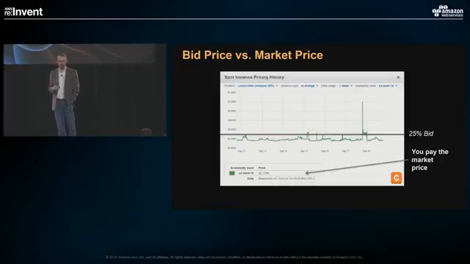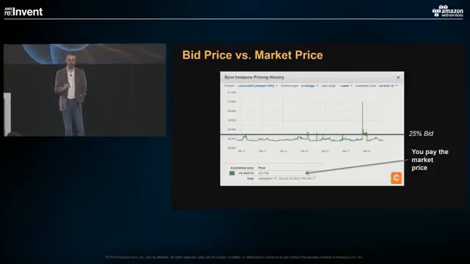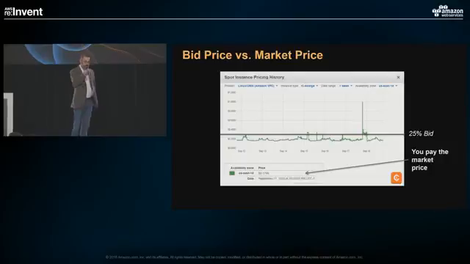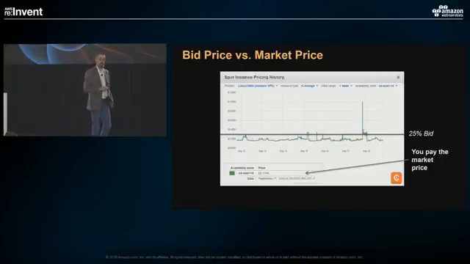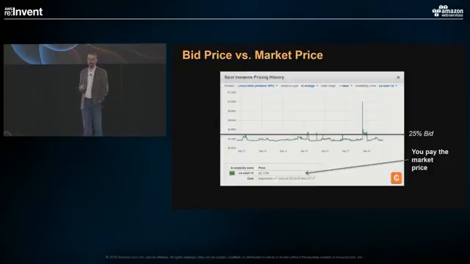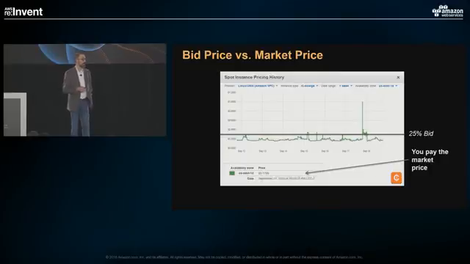You'll get interrupted a couple times, but only for short periods of time. But you got 86% off, right? Basically paying 20 cents an hour, or 14% of the on-demand price.